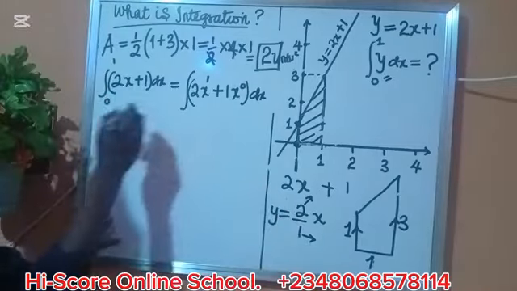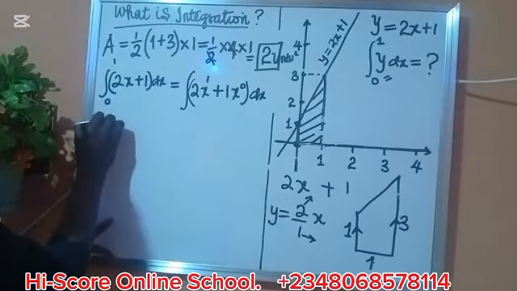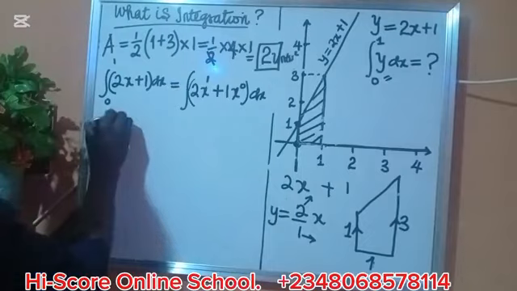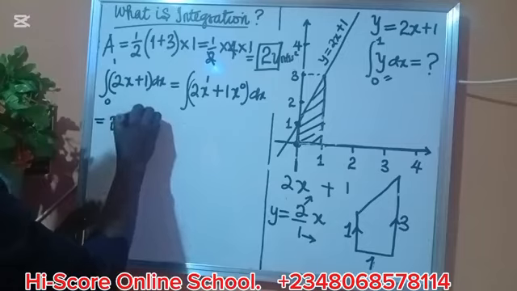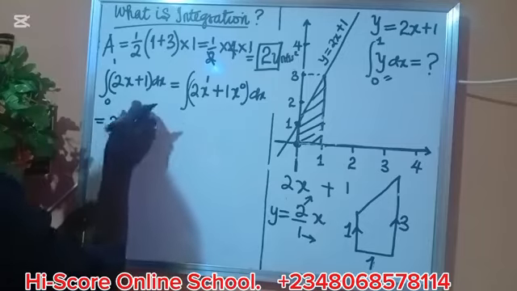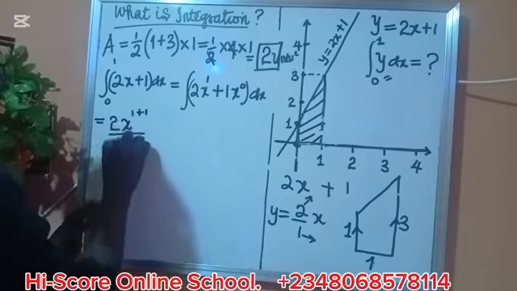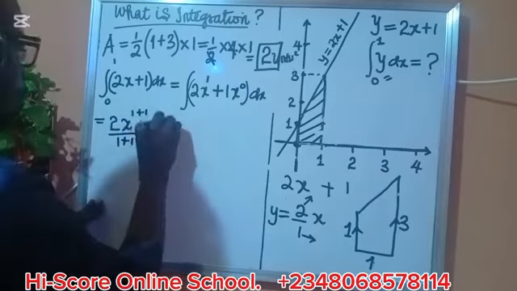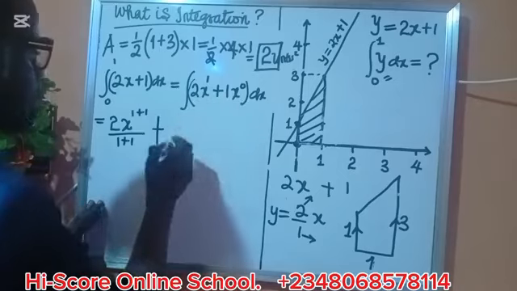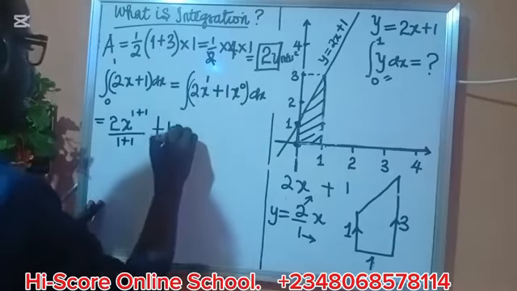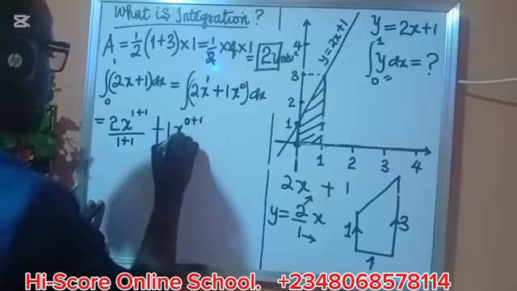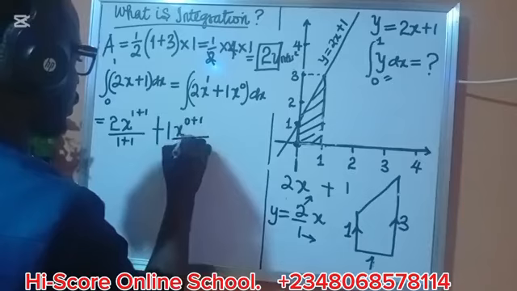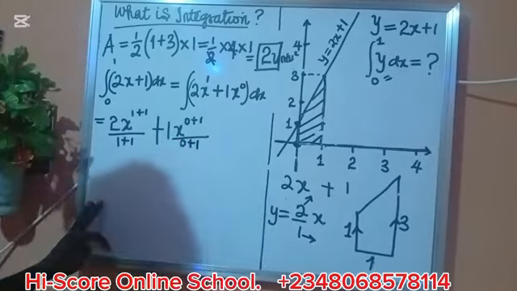Now to integrate this will give us 2x to the power 1, add 1 to it, and divide by the sum here, 1 plus 1. Now plus, we come here, 1x to the power 0, add 1 to it, divide by 0 plus 1.